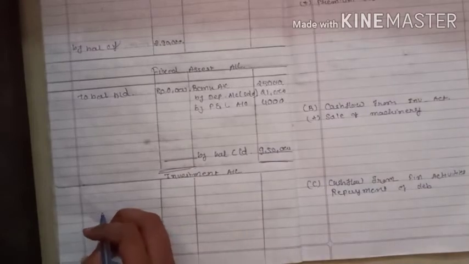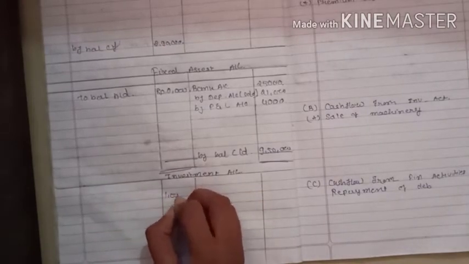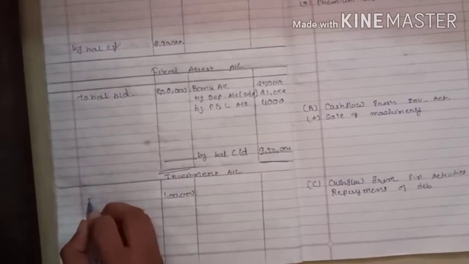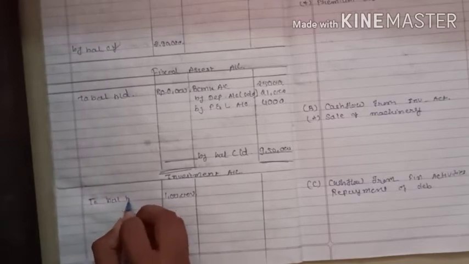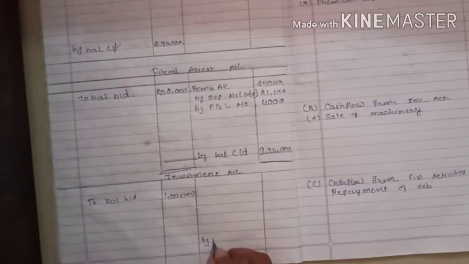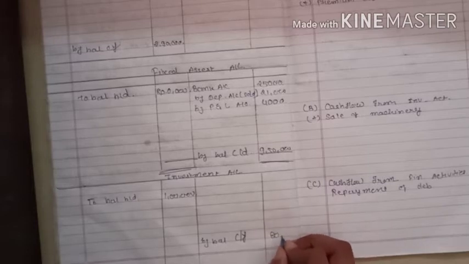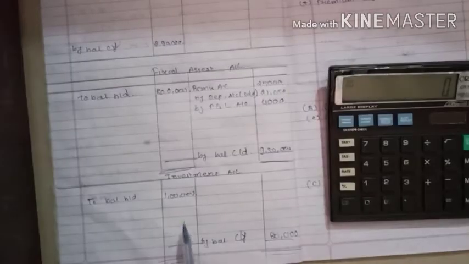Opening balance is 1 lakh, closing balance of the investment is 80,000, and there is a note that the profit is credited to the capital reserve.